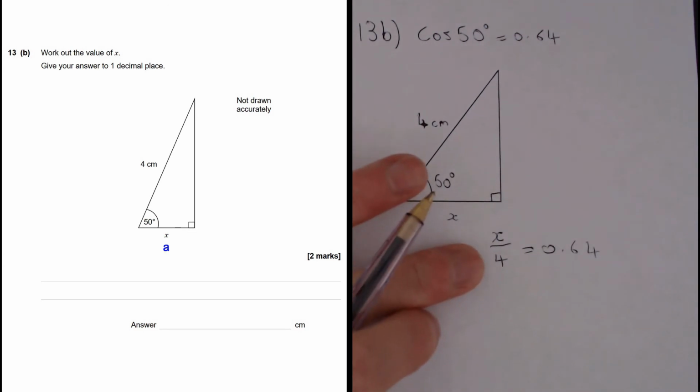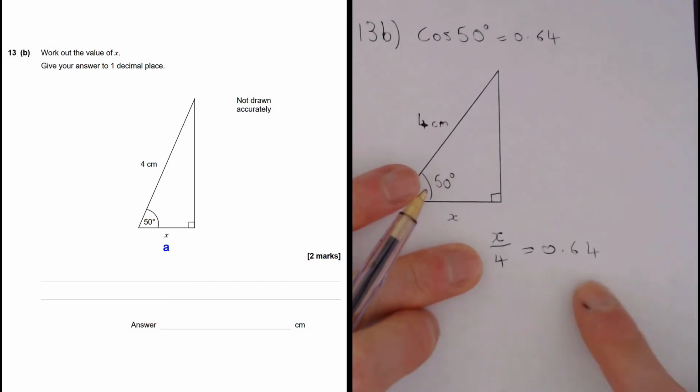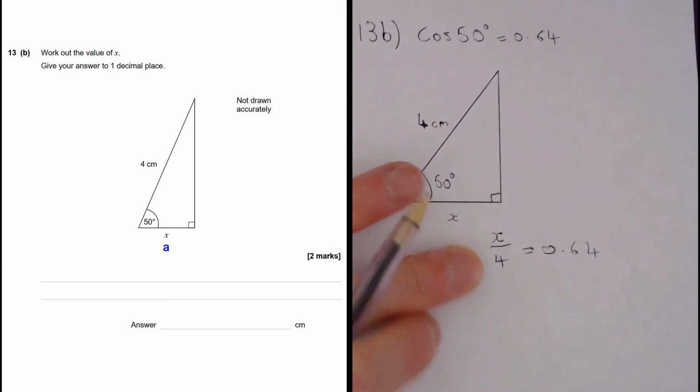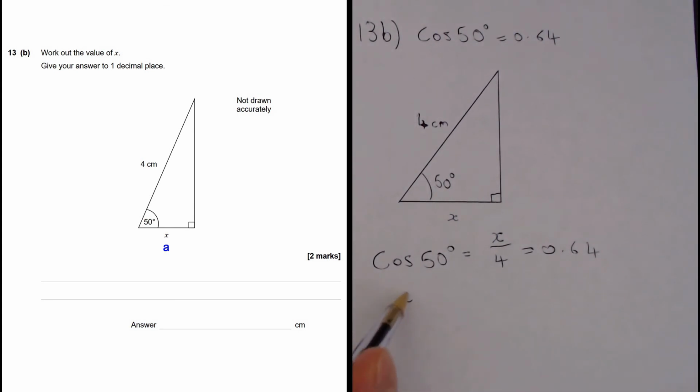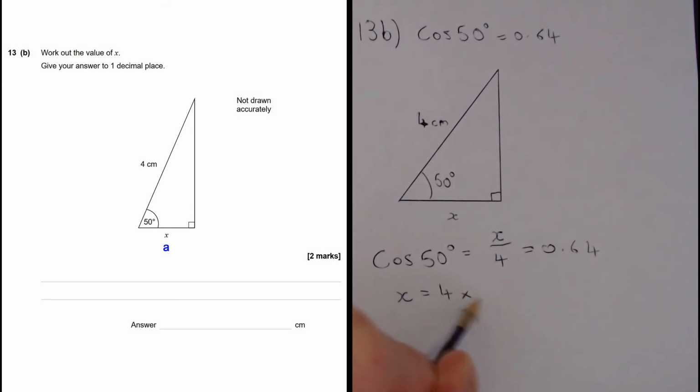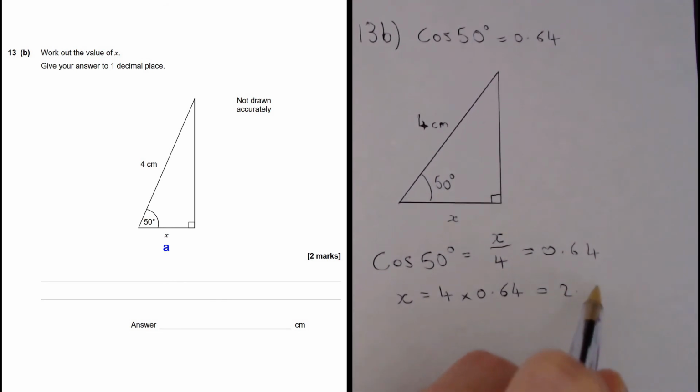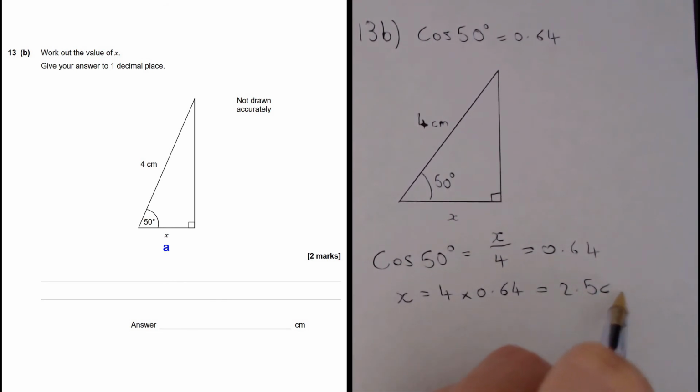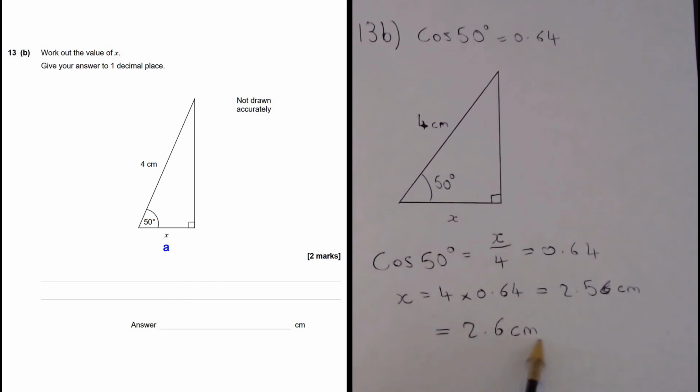So we can ignore this stuff on the left here, and we just need to solve that equation for x here. So we're going to get that x equals 4 times 0.64, which is going to give us 2.56 centimeters. Now we need to give our answer to 1 decimal place, so round it to 1 decimal place. This gives us 2.6 centimeters.